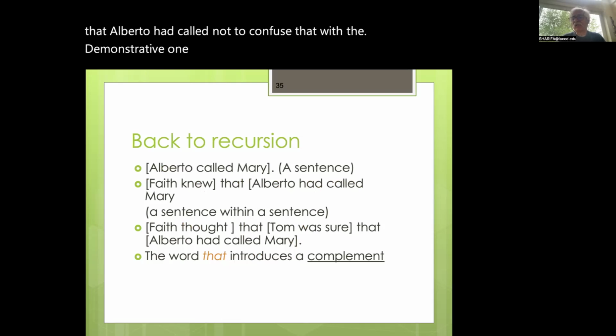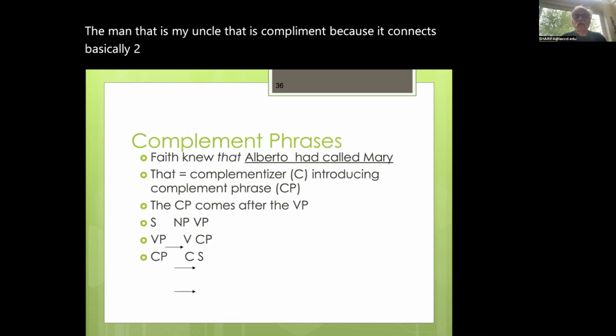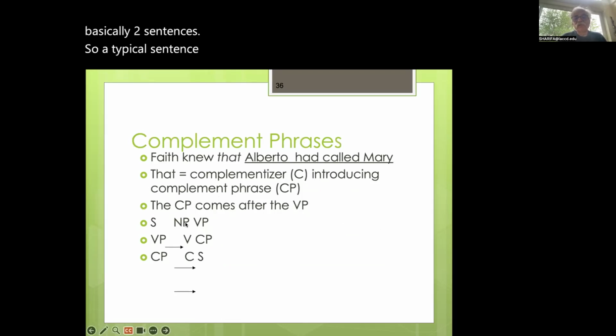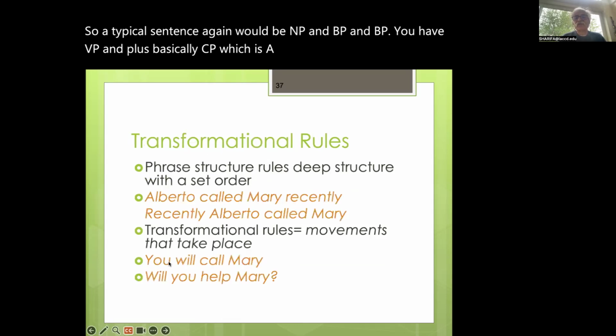That man is coming, referring to the man. The man, that is my uncle, that is complement because it connects two sentences. So a typical sentence again would be NP and VP. And in VP, you have VP plus CP, which is a sentence, and so on and so forth.